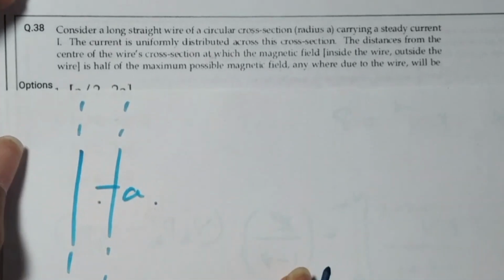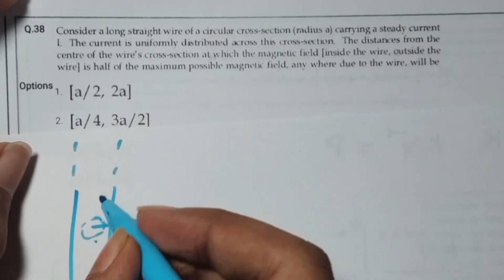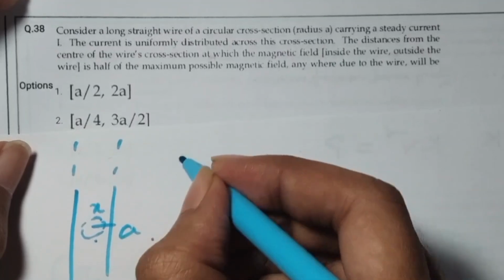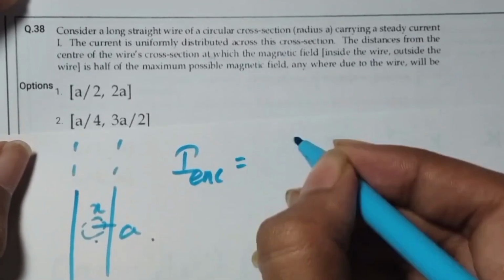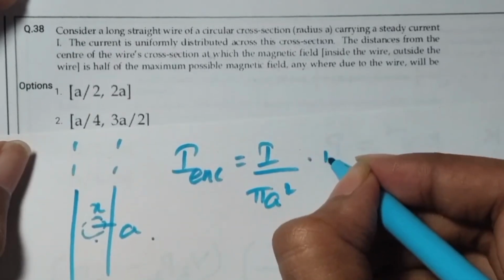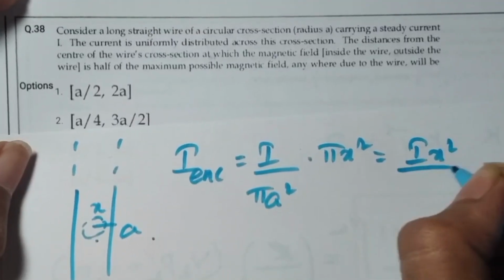If we take any radius x less than a, the current enclosed by this long straight wire is I by pi a square into pi x square, that is I x square by a square.